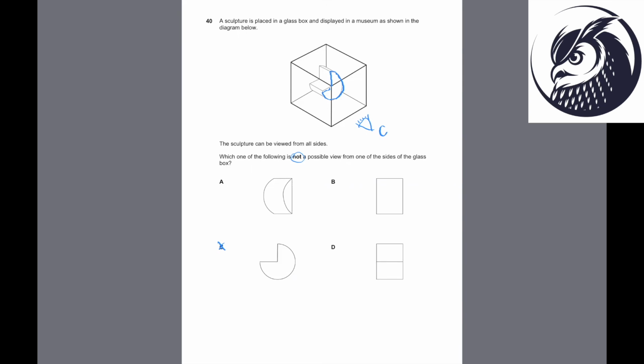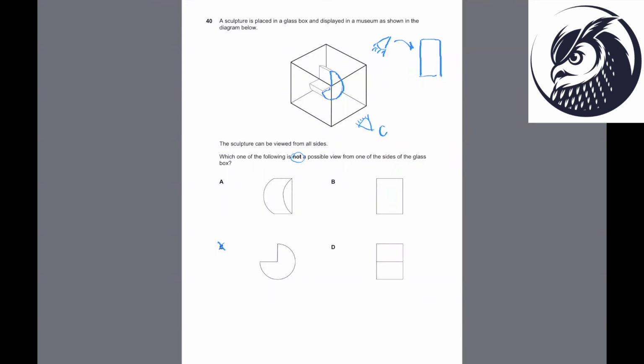Now let's say we view it from behind. Now if we view the image from behind, what we're actually going to see is the curved surface, because it's coming towards us, but we're looking at it directly from behind, we're not going to be able to visualize that curved surface. So what it would actually look like is just a rectangle.